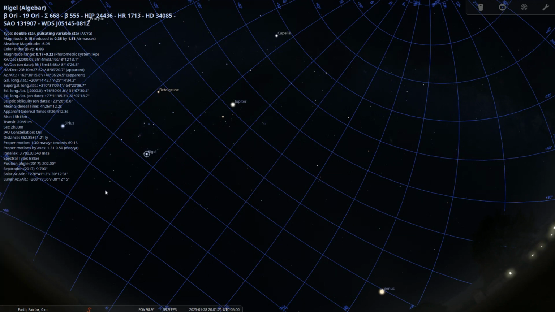So if you want to find anything using Stellarium, you can go over, again, going over to the left, and you can choose the search window, what basically looks like a magnifying glass with a star in the center of it, or F3.